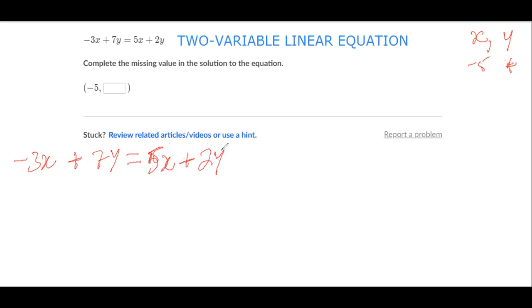This is what we have right here. We already know what x is. x is minus 5. So we're going to say minus 3 times, and times means multiplication, times minus 5. So wherever we see x, we put minus 5. That's substitution, right? Minus 5.